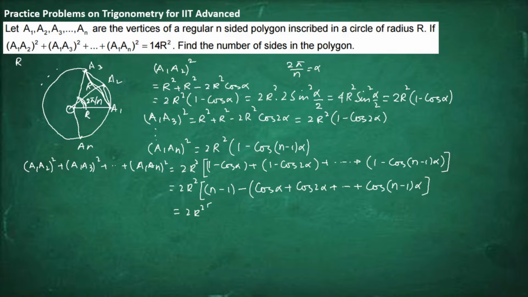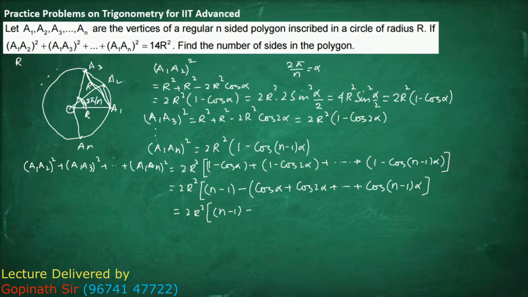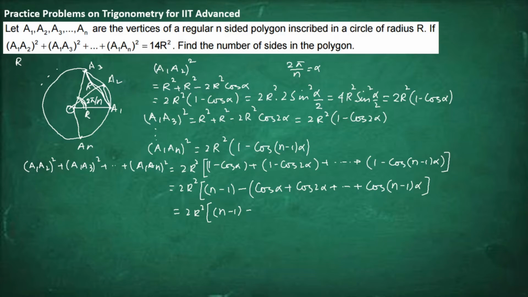So that gives 2R square into n minus 1 minus the bracket cos alpha plus cos 2 alpha plus and so on plus cos (n minus 1) alpha, the summation of a cosine series. What is the formula? Can you remember it? It is nothing but sine n beta by 2 divided by sine beta by 2 into cos of the first angle plus last angle divided by 2.